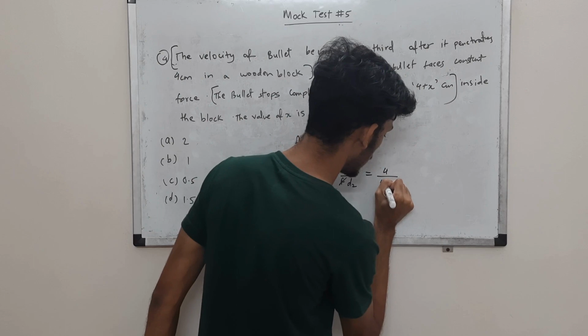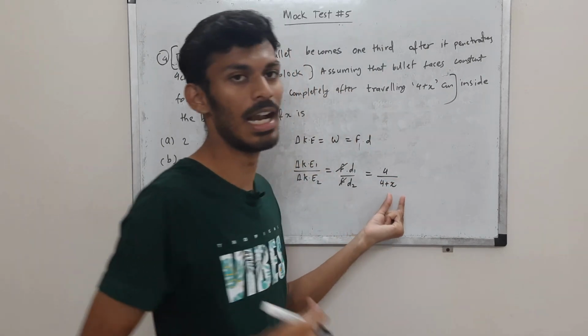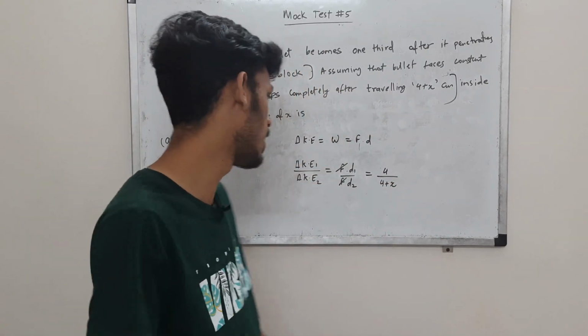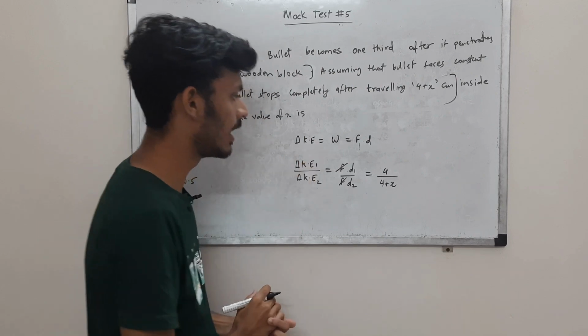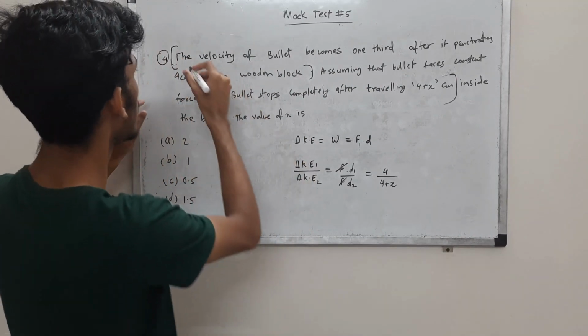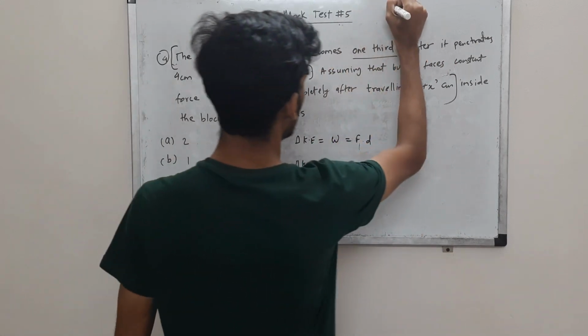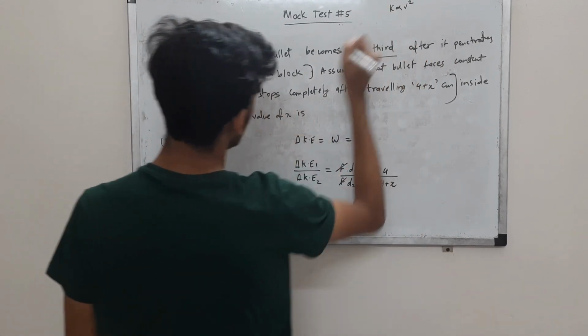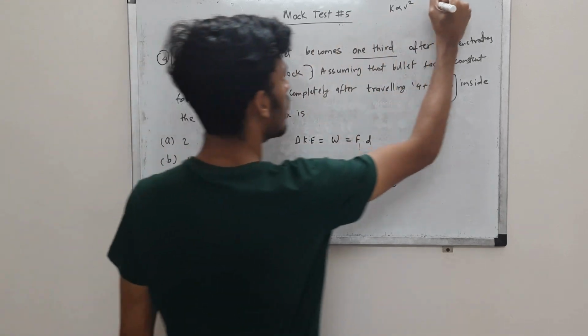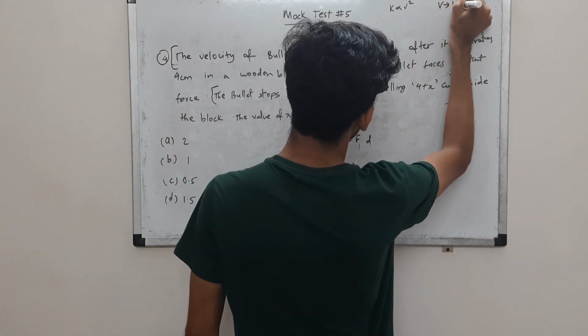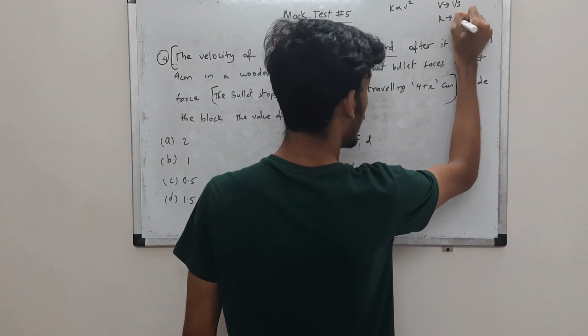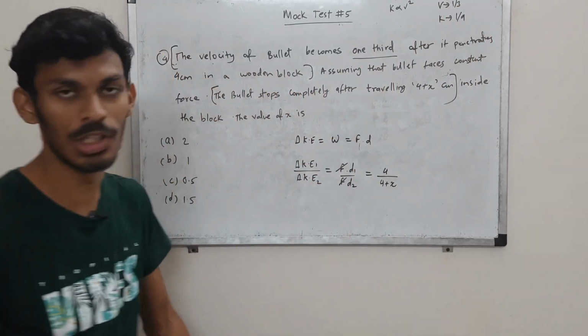So it travels a distance of 4 plus some additional distance x when it comes to rest. So what is the kinetic energy loss in the first case? You can see that the velocity becomes 1/3, and kinetic energy is proportional to velocity square. So if velocity becomes 1/3, kinetic energy will become 1/9, because it is proportional to the square.